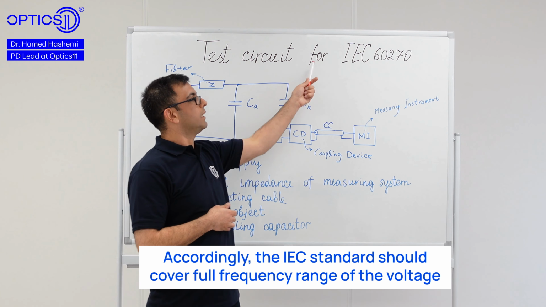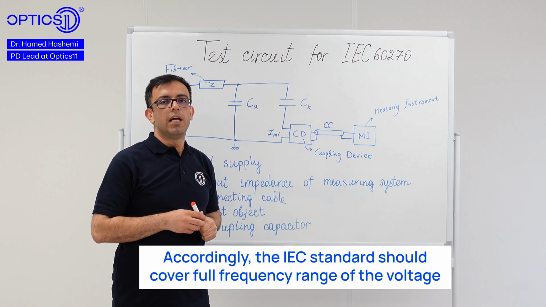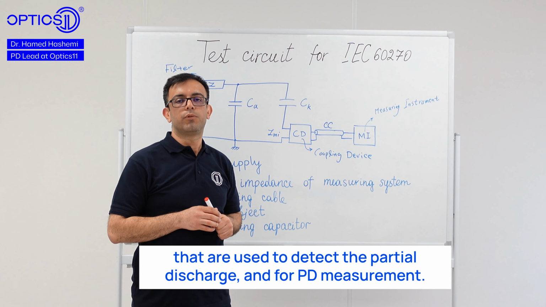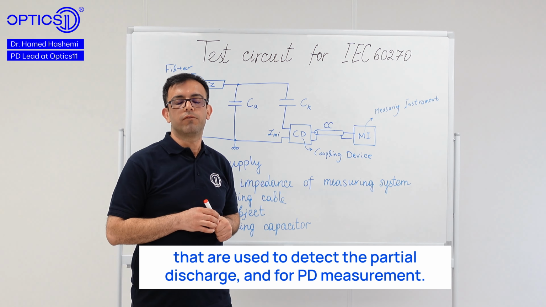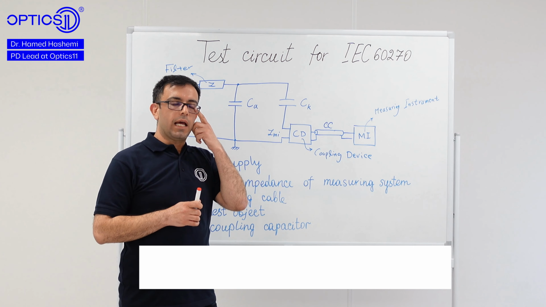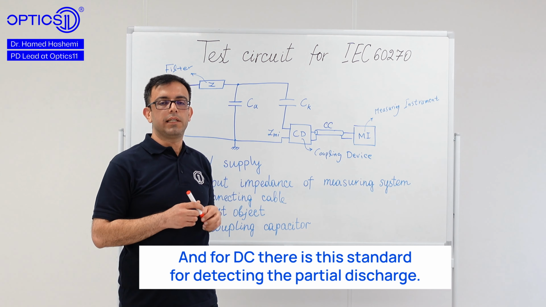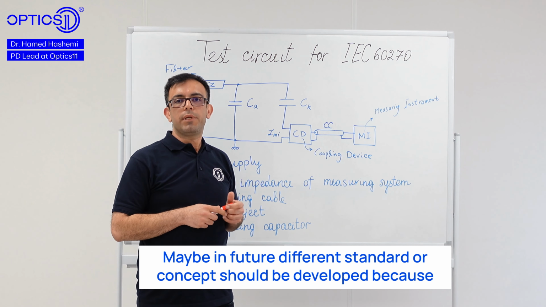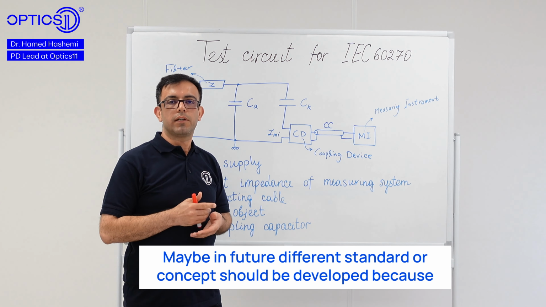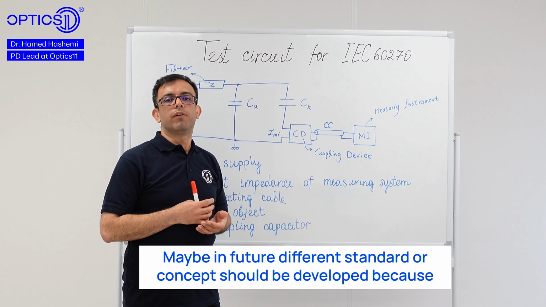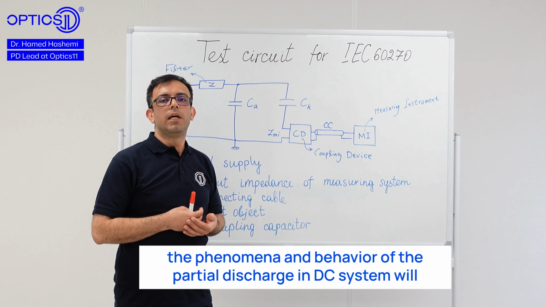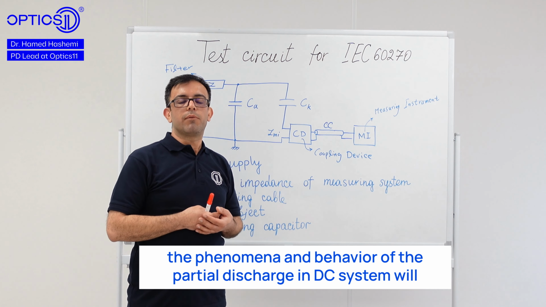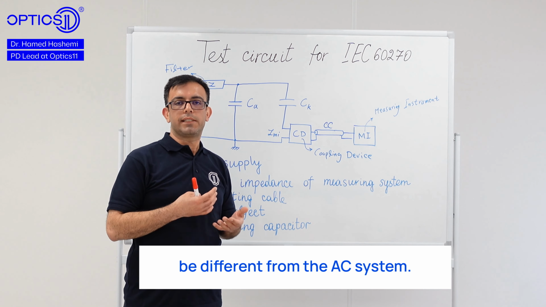Accordingly, the IEC standard should cover the full frequency range of the voltage used to detect partial discharge and for PD measurements. And for DC, there is also a standard for detecting partial discharge. Maybe in future, different standards or concepts should be developed because the phenomena and behavior of partial discharge in a DC system will be different from an AC system.